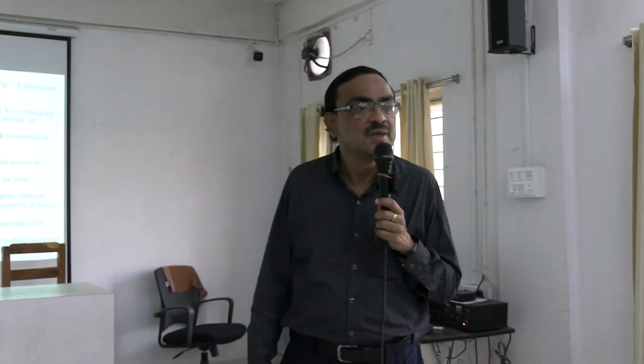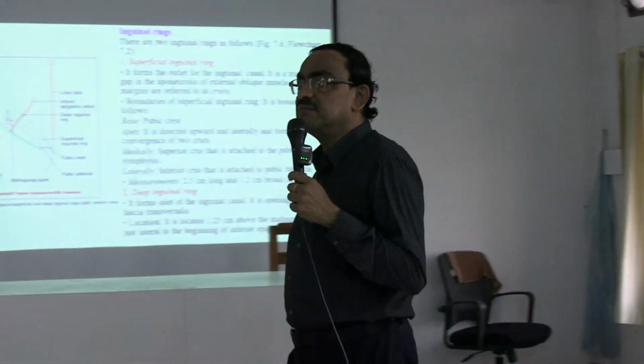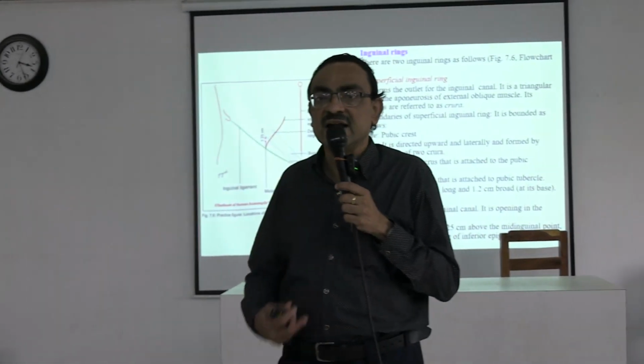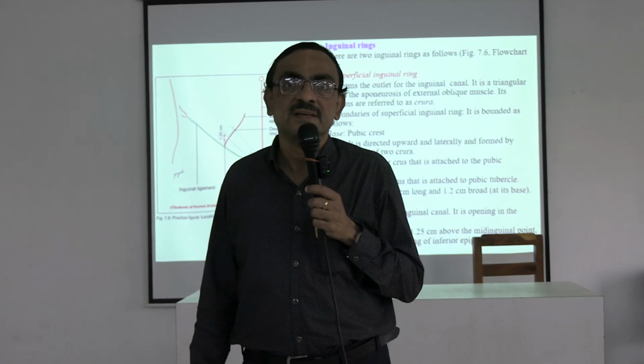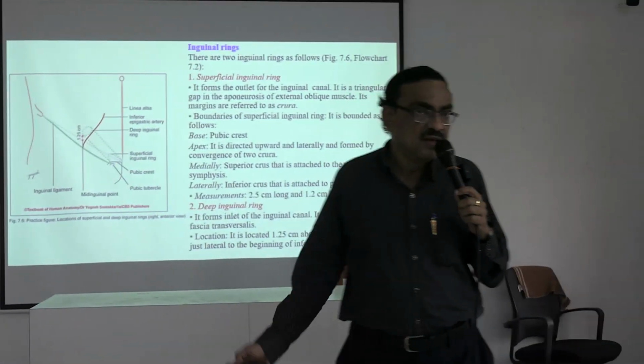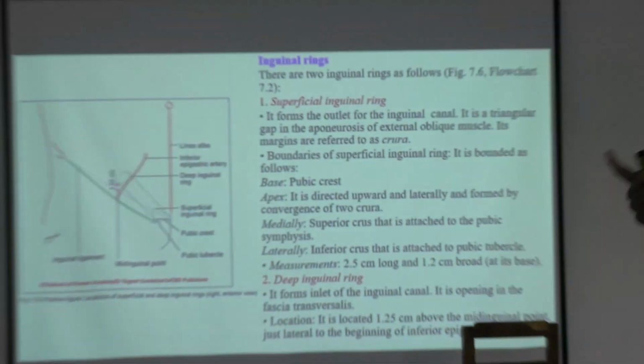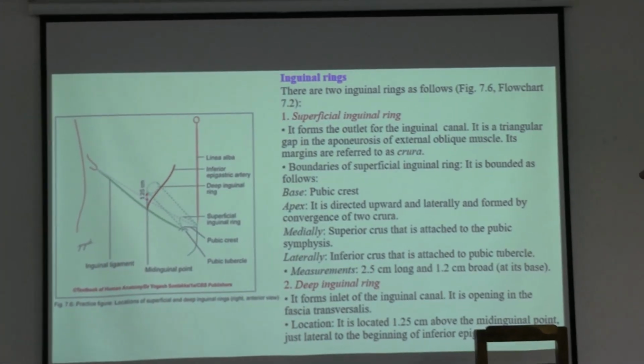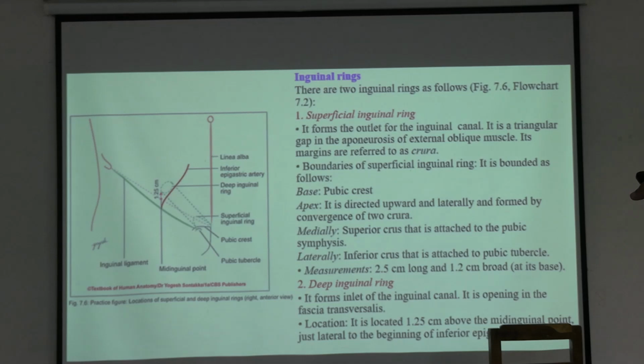So inguinal canal is present in the inguinal region or in the lower abdomen, in the anterior abdominal wall, and that canal runs parallel to the medial part of the inguinal ligament. Look there, that canal is running parallelly with the inguinal ligament.